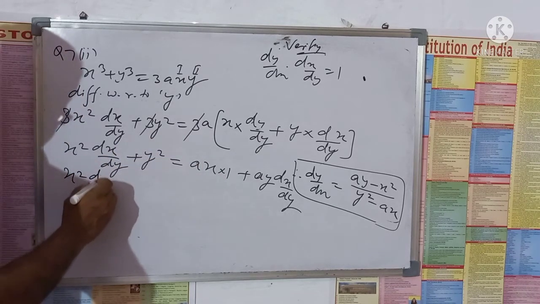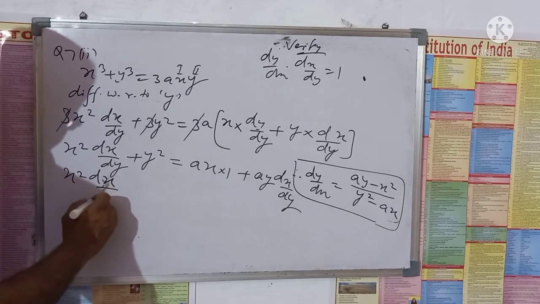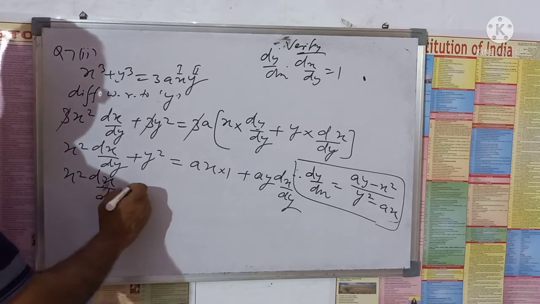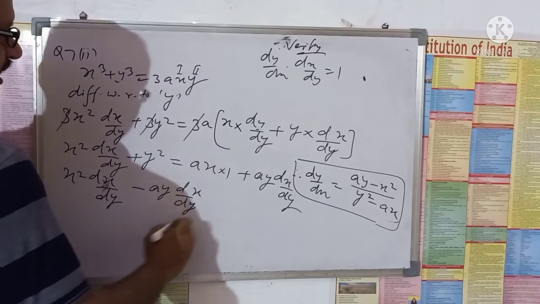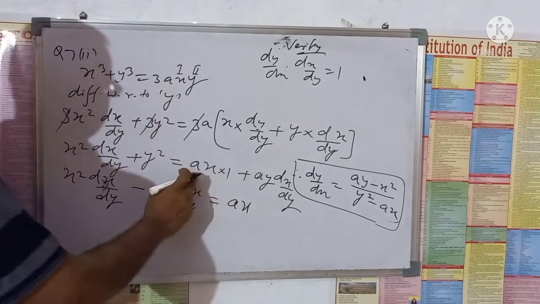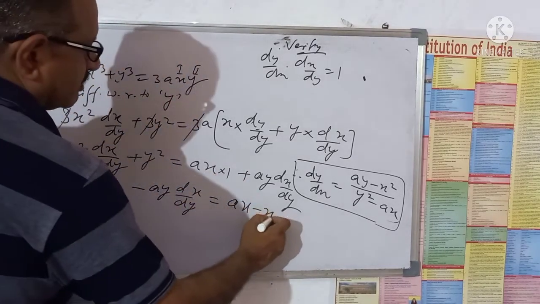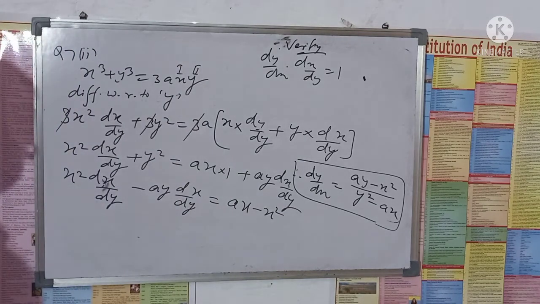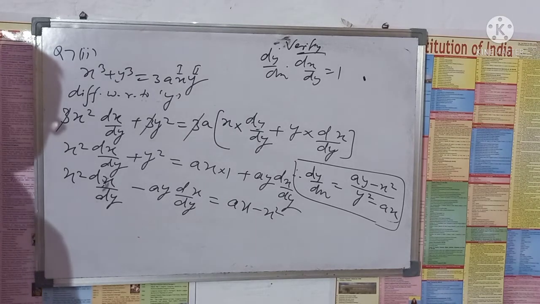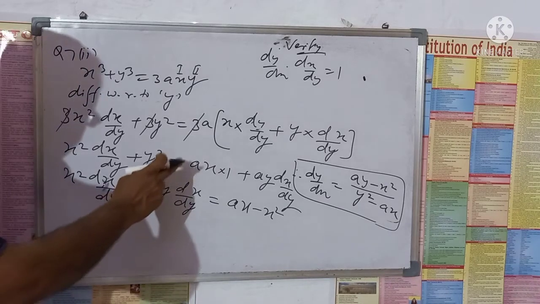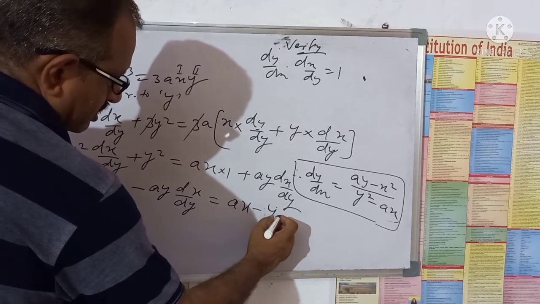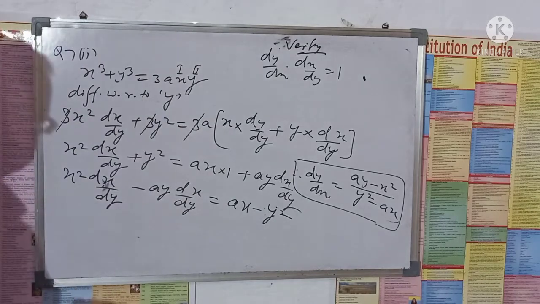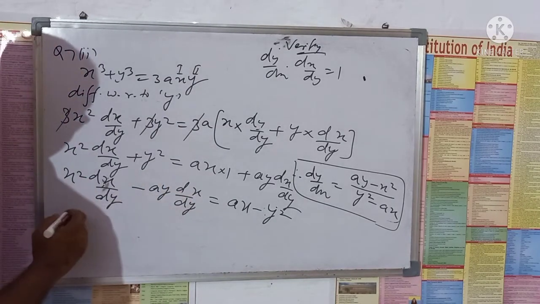So x square d by dy of x, transpose it, minus ay d by dy of x is equal to, on the right side, ax minus y square. Take dx by dy common.